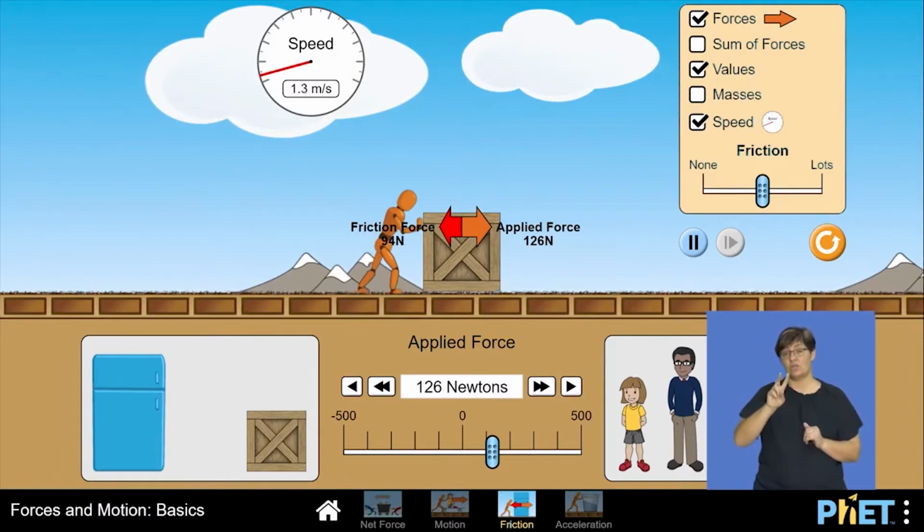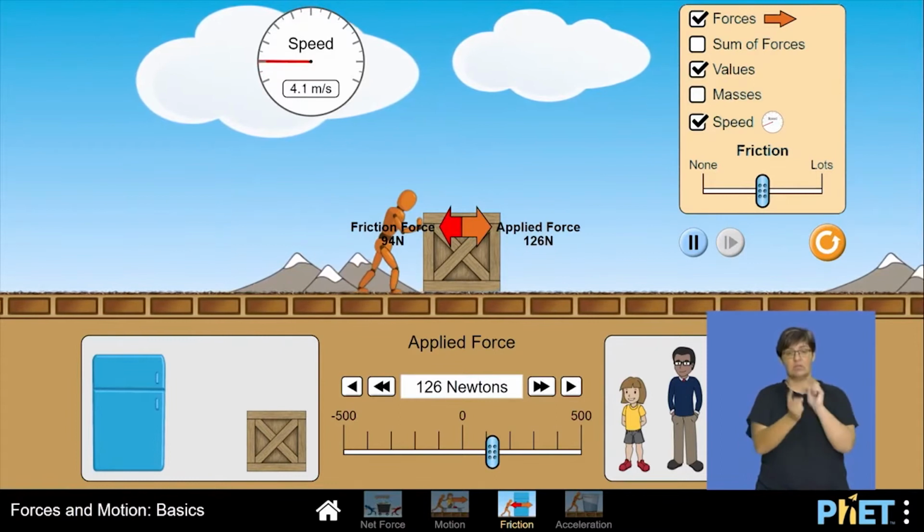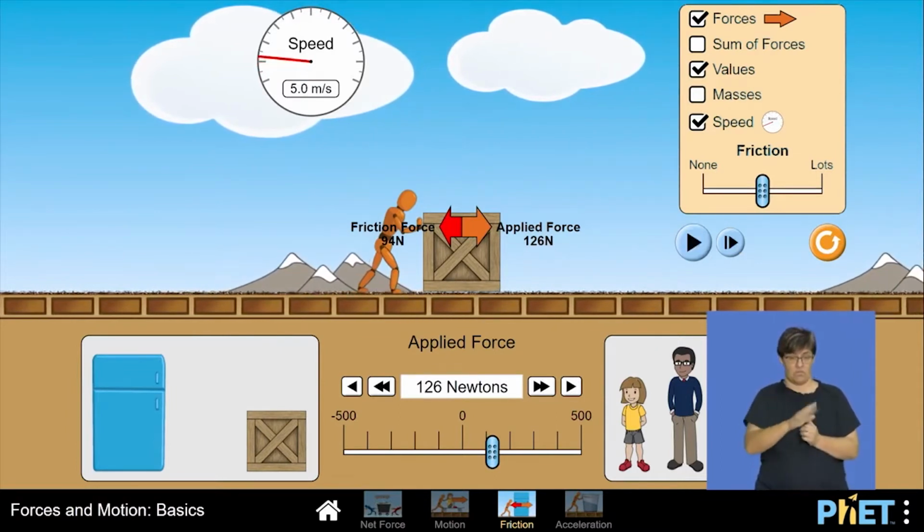At 126, it starts moving. That changed to 94. Once we start an object moving, kinetic friction drops. It's just the concept of once it starts, it's easier to move. It's always easier to keep something moving than to start it moving.